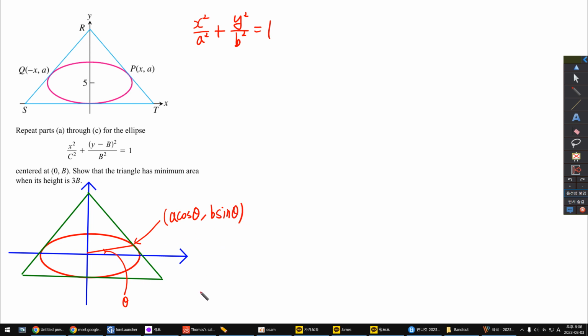So we can make an equation of the tangent line at this point. At first, we need to find the slope of the tangent line by finding the derivative.